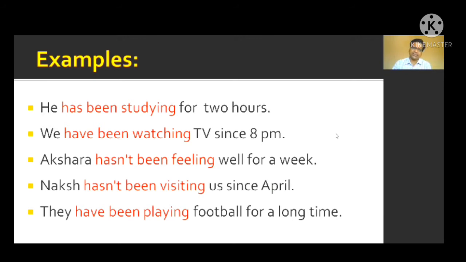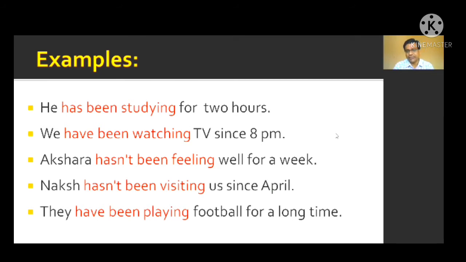Hasn't been feeling: has is present, been is perfect, feeling is progressive or continuous. N'T, that is the negative word or the word of negation. So simply this sentence can be called a negative sentence or a sentence with negation, right? So Akshara hasn't been feeling well for a week.